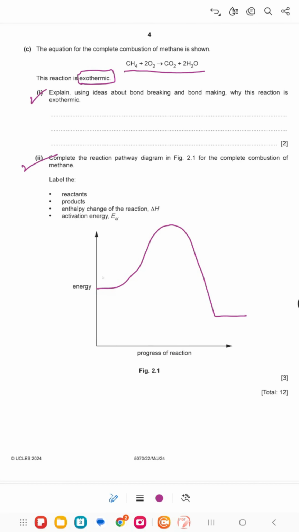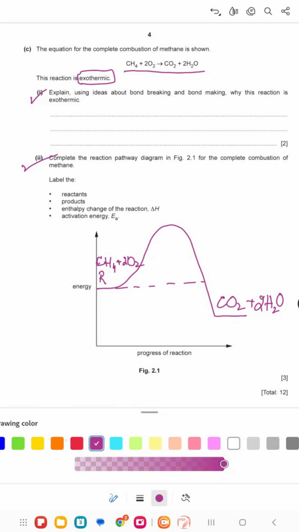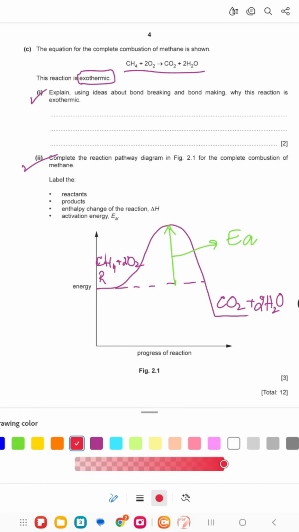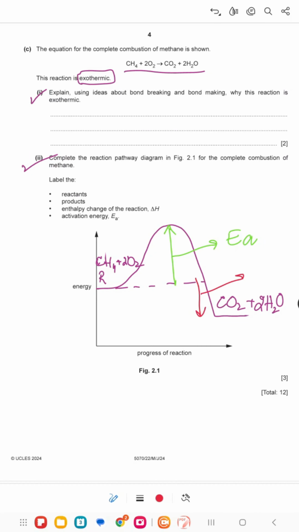You will write here the reactants, CH4 plus O2, and here will be the product. Always remember, in exothermic reactions, products have less energy than reactants. This one is the activation energy, and another will be the enthalpy change of reaction, which will always be negative.